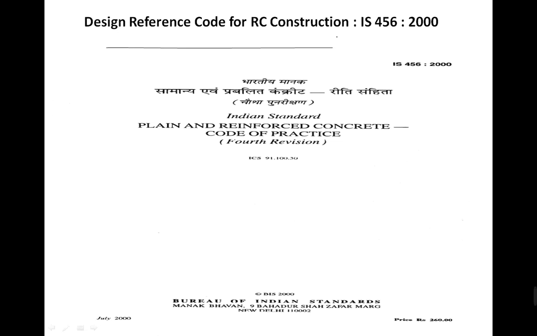You know that without the code the design is not possible. So the code is very important, and you have to follow the codal guidelines when you design the member. This code you need, and you have to take a printout and carry it when you design.